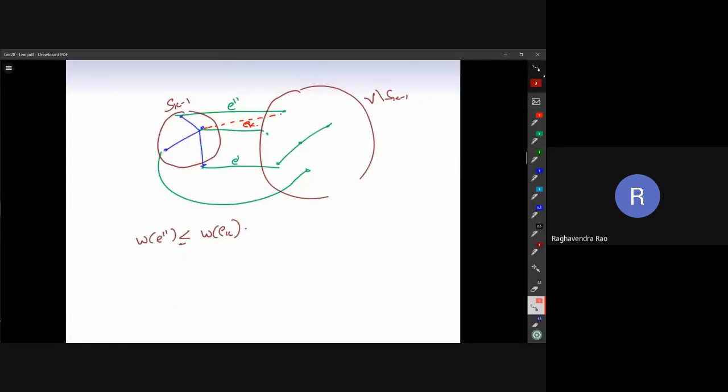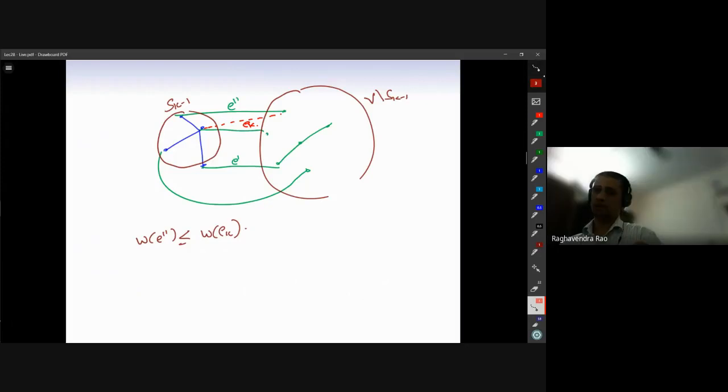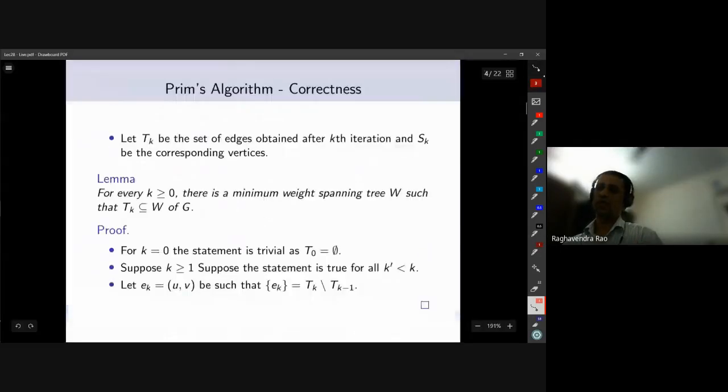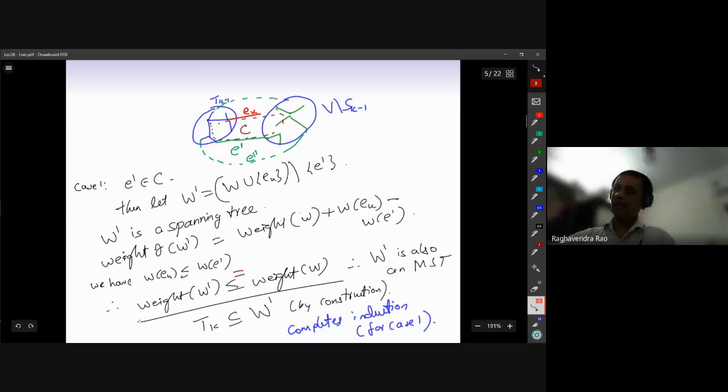So this is tk, blue edge plus the red edge is tk. That is all. This is a very common mistake almost everyone makes when arguing about spanning trees, and that's exactly why I've written the proof this way. You always tend to assume that there will be only one edge here, which is not the case. Many arguments about minimum weight spanning trees assume this is connected, and many fail when it is not.